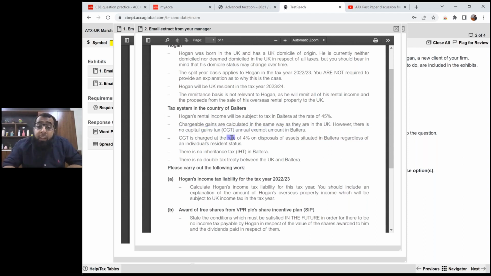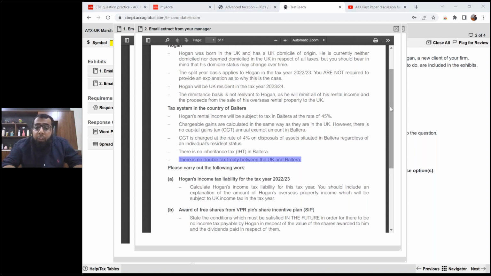CGT is charged at the rate of 4% on disposal of assets situated in Baltira, regardless of an individual's residence status. So the income tax rate is 45% and the CGT rate is 4%. There is no IHT in Baltira. There is no double tax treaty between UK and Baltira.